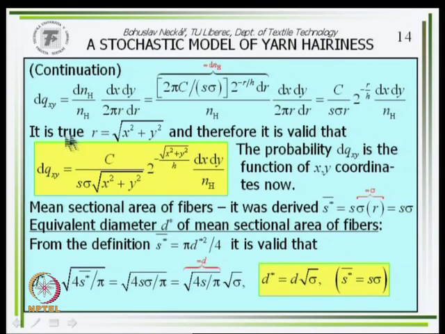And so we obtain the probability that a randomly chosen fiber from the hairiness area is lying in our elemental rectangle dx dy. This probability dqxy is given by such an expression.